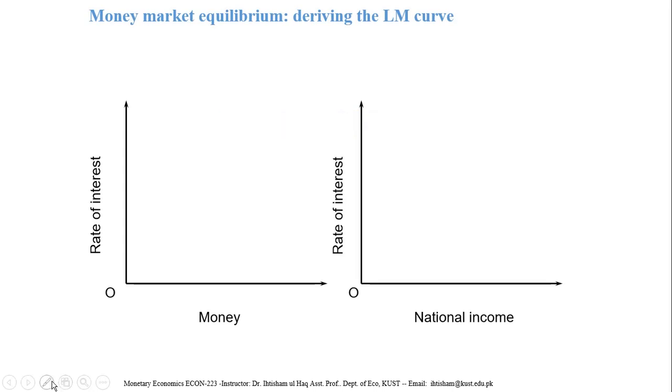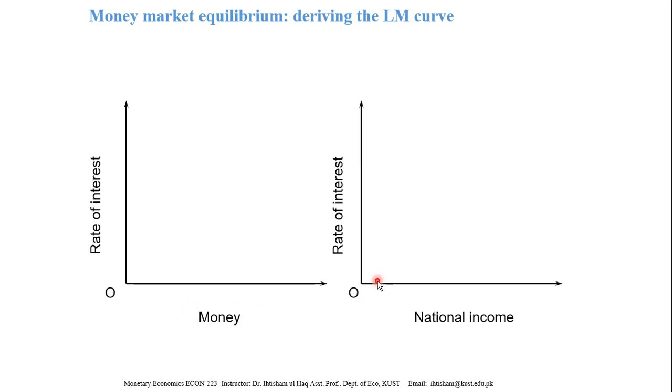Now on this slide there are two graphs. On the left graph, on the vertical axis we are measuring the rate of interest, and on the horizontal axis we are measuring the quantity of money.